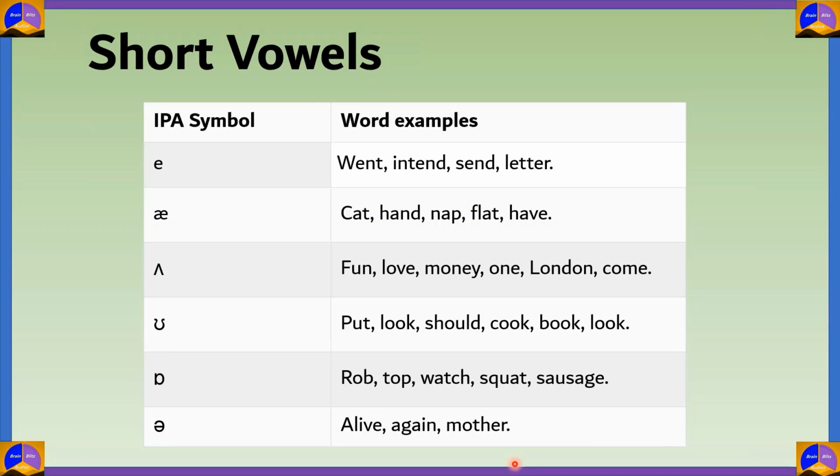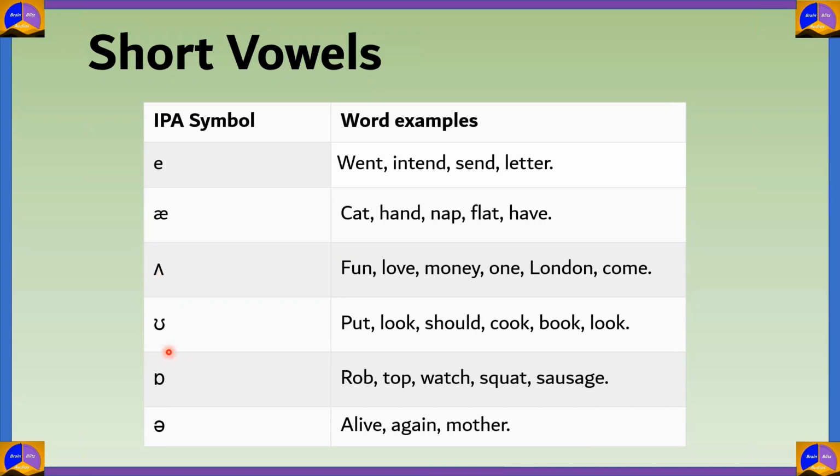The third letter, which represents a sound, is kind of like an inverted V, and this is used for the sound such as fun, love, money, one, London, come, etc. So that sound is using this symbol.